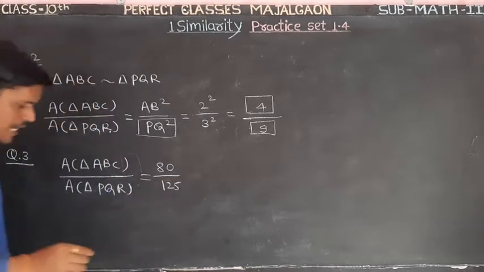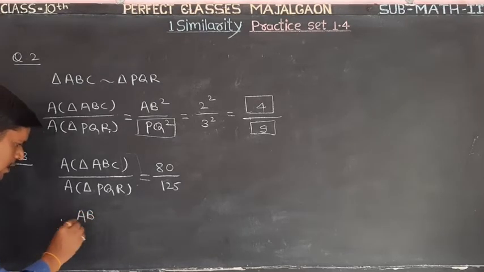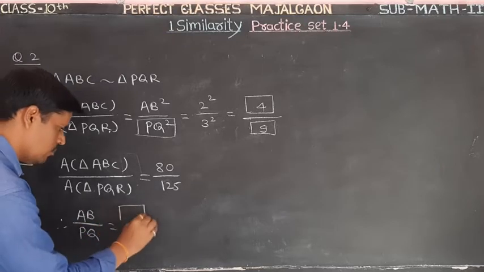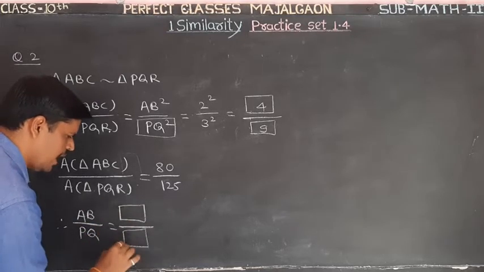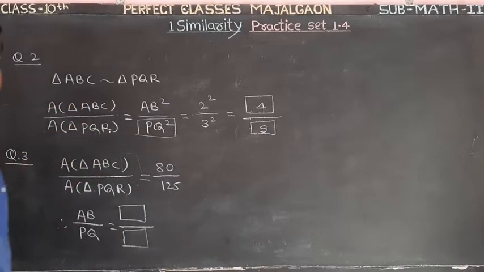This is given, and they ask us to find AB upon PQ. How to find this? Here we use the theorem of areas of similar triangles.